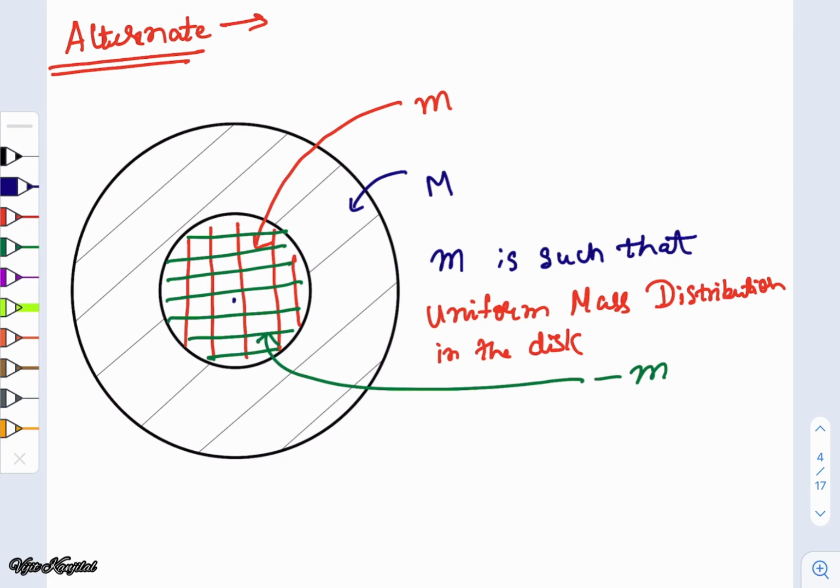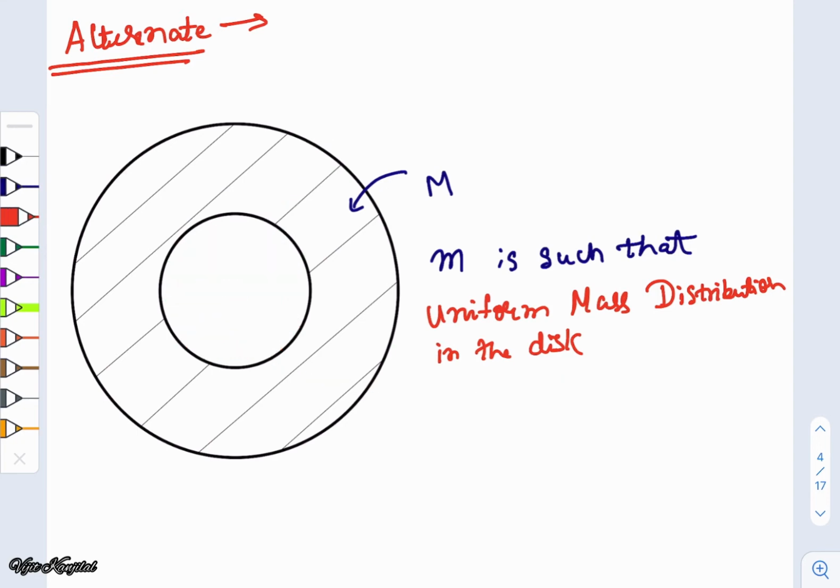and the radius of the disk of mass minus small m is R1. So this particular region is filled up with a mass of plus small m and minus small m, so that if we consider capital M and plus small m, there is going to be uniform mass distribution in the disk and there is no hole in the disk.